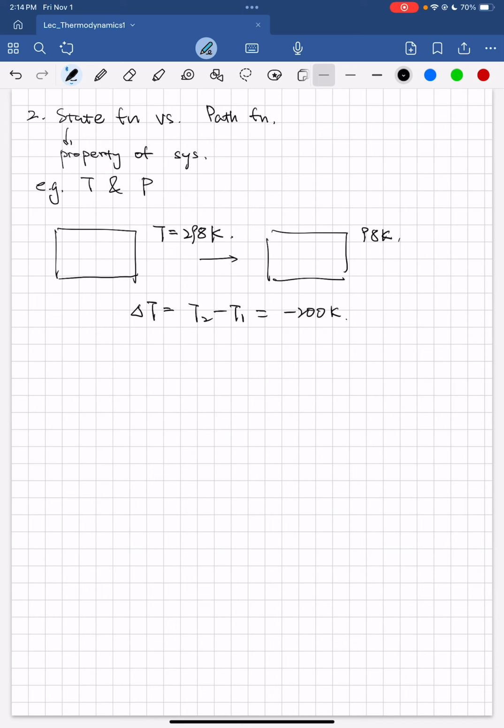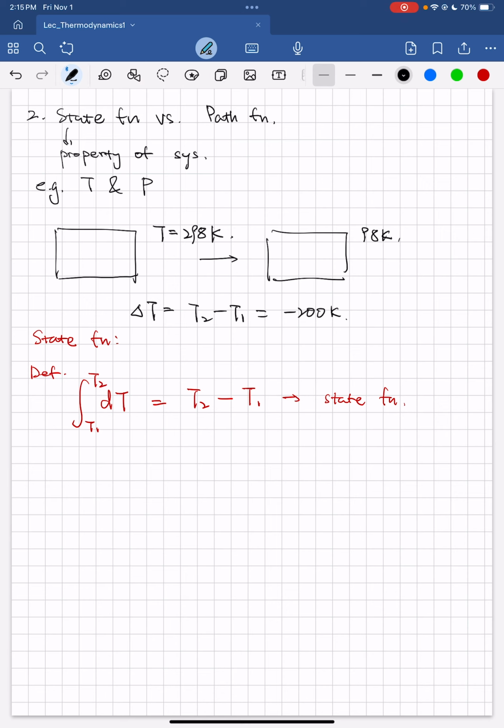How do you define a state function? Definition: if a certain quantity, let's use T, changing from T1 to T2 equals T2 minus T1, then it is a state function. Let's say there's this system.